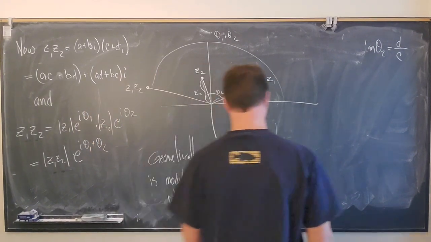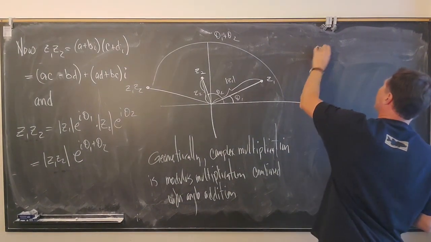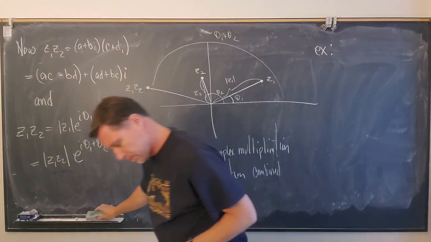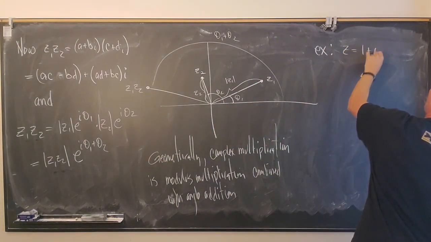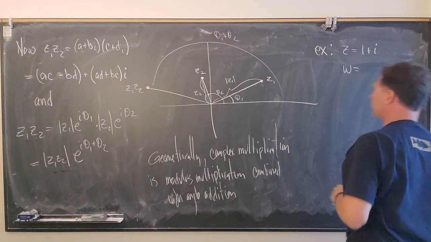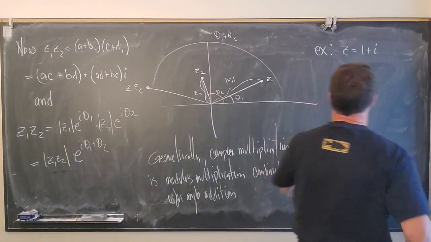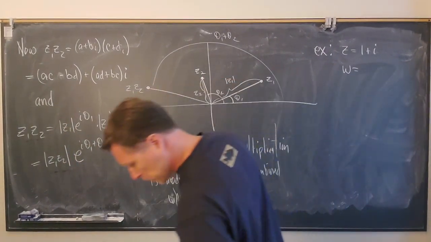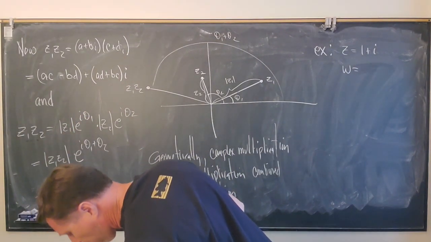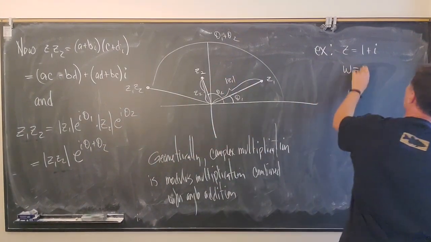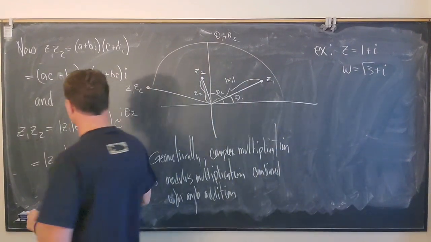So, for example, let's say that Z is 1 plus i, and W, another complex number, is root 3 plus i. So let's write down the polar representations of those two.